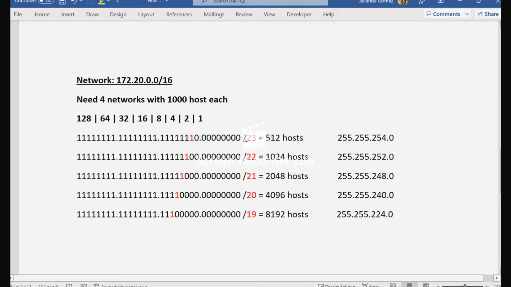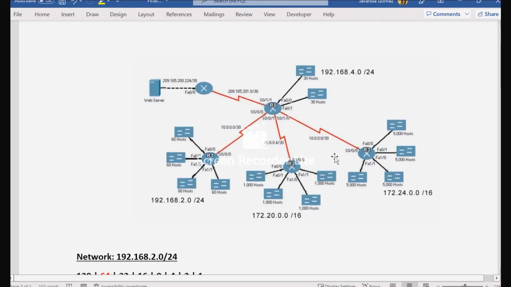For example, this /23 here, we took away one of the ones. We got a total of 512 hosts. So when we keep taking away ones, we are doubling the amount of hosts that we could get. Here you can also see the subnets for each of these. I did up these 5 because we would need them again in the other networks, because you could see here we have a network with 5,000 hosts.